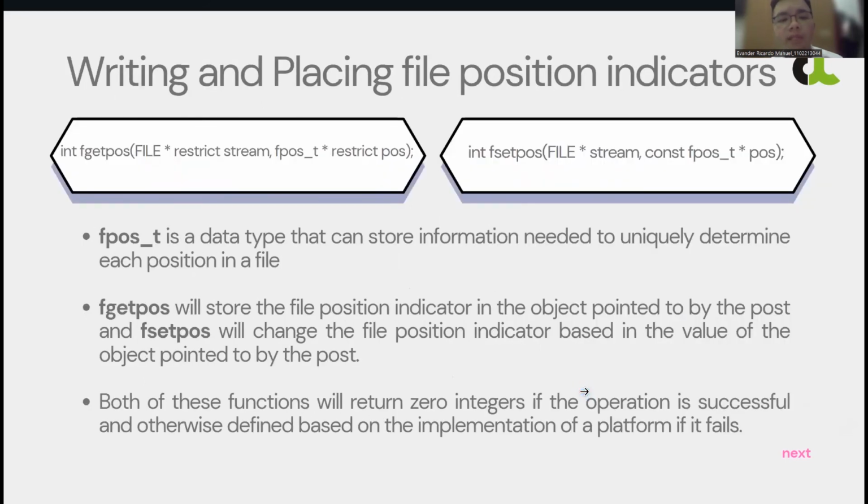Next is reading and placing file position indicators. In this topic, there are two basic forms: int fgetpos and int fsetpos. fpos_t is a data type that can store information needed to uniquely determine each position in a file. fgetpos will store the file position indicator in the object pointed to by pos, and fsetpos will change the file position indicator based on the value of the object pointed to by pos.